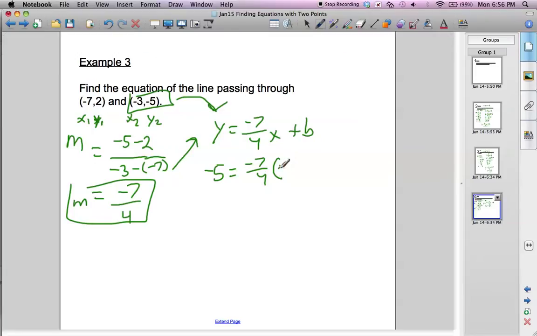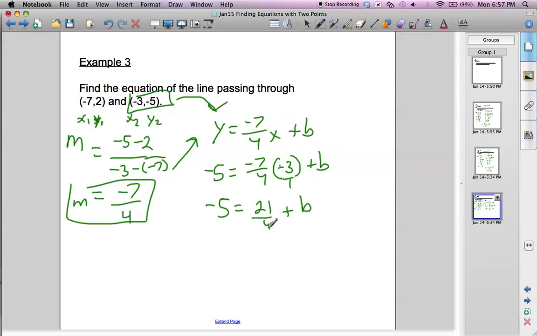We're going to multiply by -3 because that's the x value at this point. Let's try to work this out. We're going to have negative 5 equals, nothing cancels here, so negative 7 times negative 3 gives us 21 out of 4 plus b.